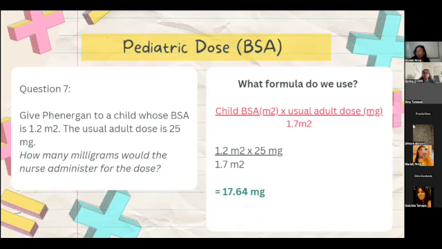Karina, do you have any practice questions? I thought it was a bit easier because it's all plugging in. I remember the BSA being given to you, and then you just plug it into that equation. I can try to find one or two that have the height and kilograms or the height in pounds.